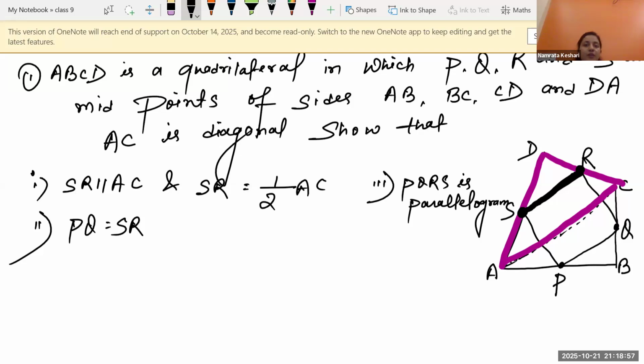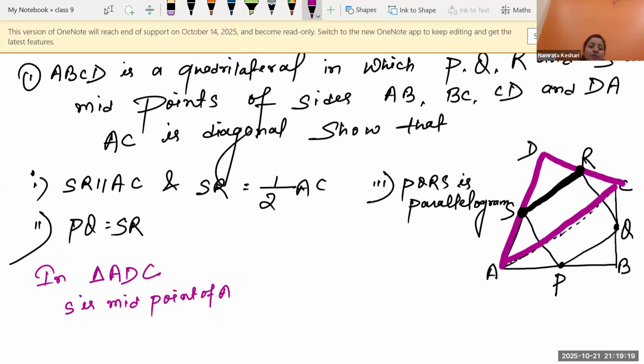Clear? Do we need to show steps and all over here? Nothing we have to do, just in brackets write by using the midpoint theorem. We will say in triangle ADC, S is the midpoint of AD, R is the midpoint of CD.